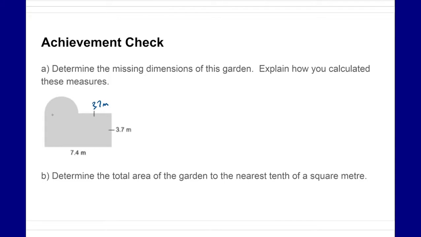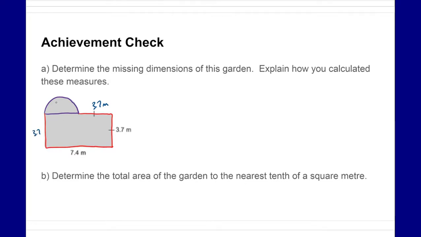Because this is two figures, we could technically draw a line across here to identify that this is a semicircle, and then we do have this rectangle here. By doing that, we can see that the opposite side of our rectangle is actually the same height as the other side, so 3.7.